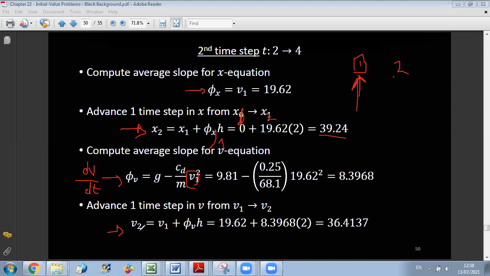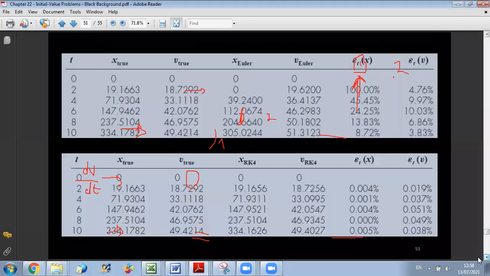So I get that v2 is v1 plus the slope I found times the step size h. I get v2. And I will proceed. So I will continue to do the same procedure for all other time steps, so I can update my values at different times.